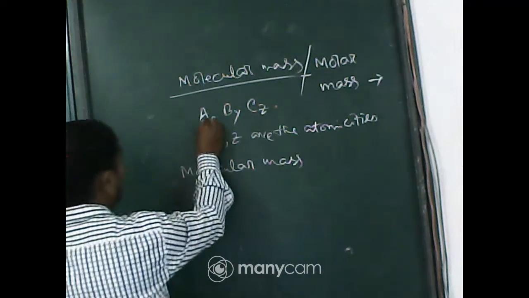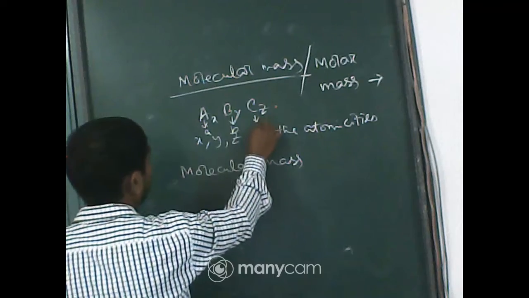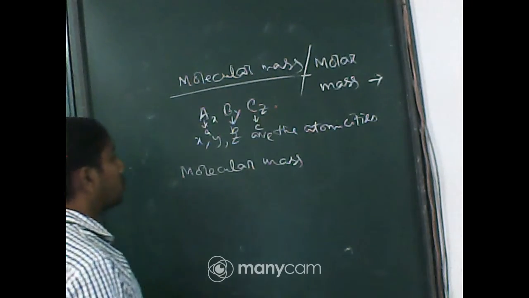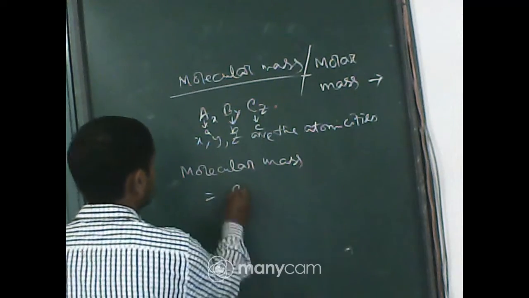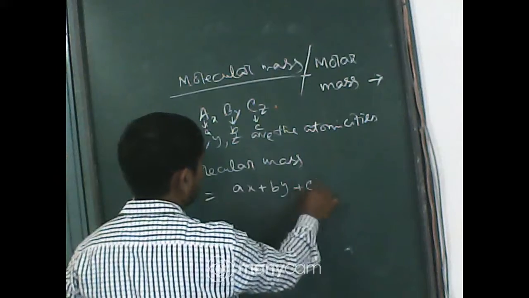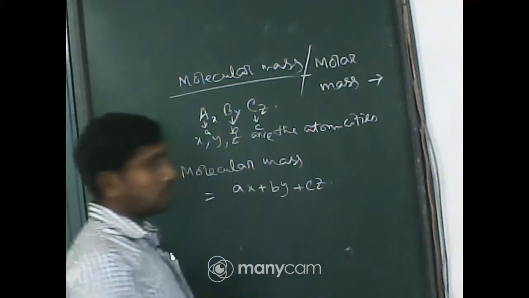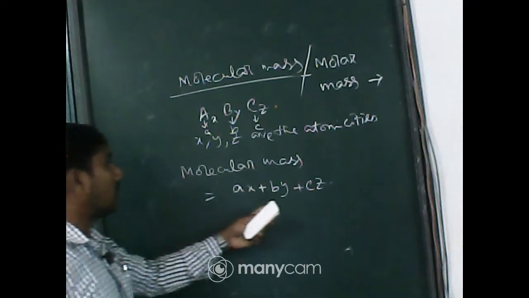Atomic mass of A is equal to small a, capital B equal to small b, and capital C equal to small c. So the molecular mass is equal to, the mathematical form will be, small a x plus small b y plus small c z. Okay. So this is the form to calculate the molecular mass.